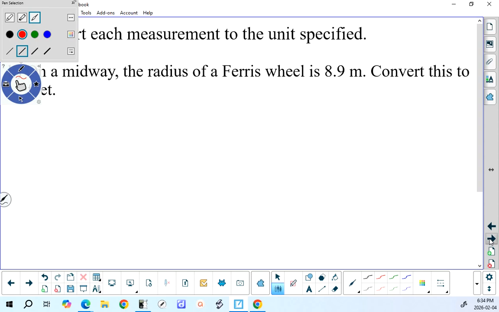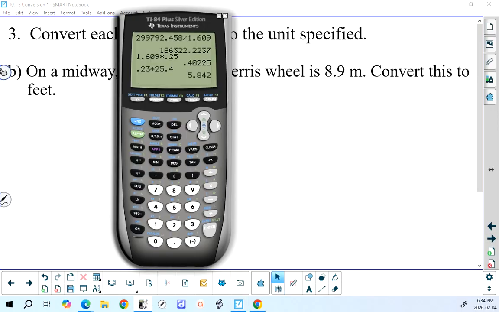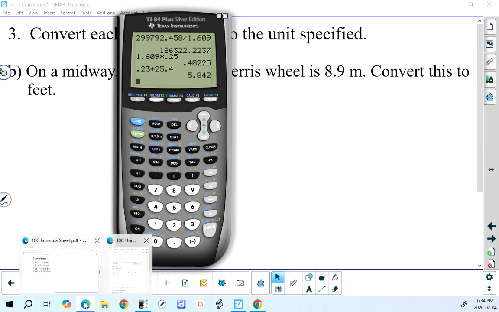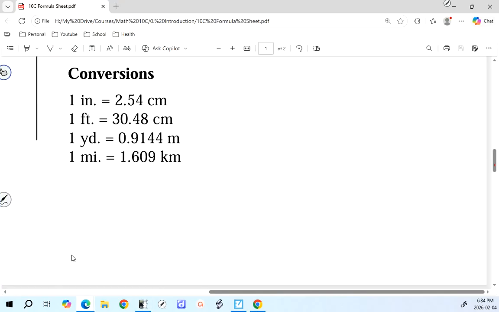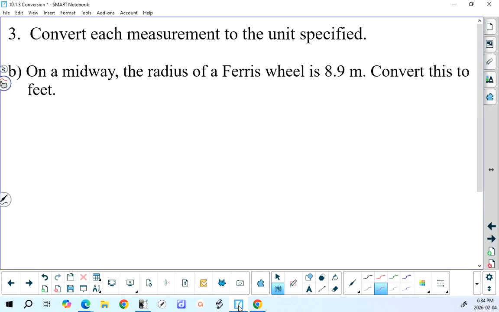We've got an 8.9 meter tall Ferris wheel, or radius is 8.9. We want that to be feet. What is it we know about meters and feet? Well, we know 1 foot is 30.48 centimeters. I'm going to do the same kind of thing I did with the previous question.